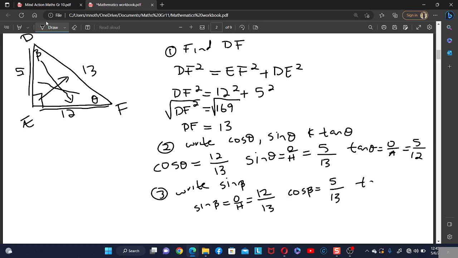And then we have tan beta, which is opposite over adjacent. Beta is this one, so the opposite side to beta is 12, and the adjacent side is 5. Those are the trigonometric ratios.